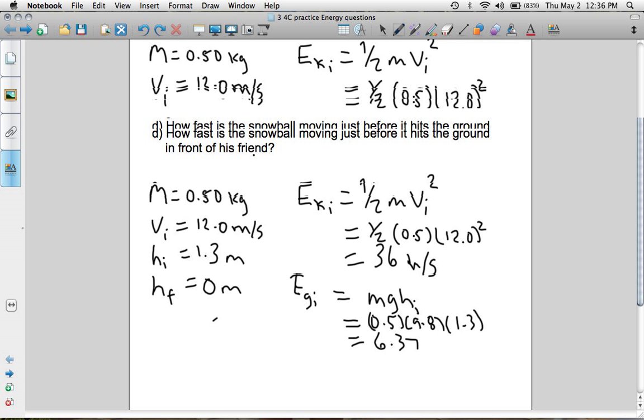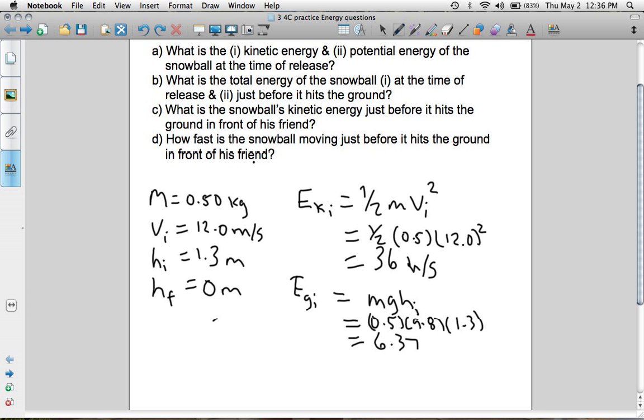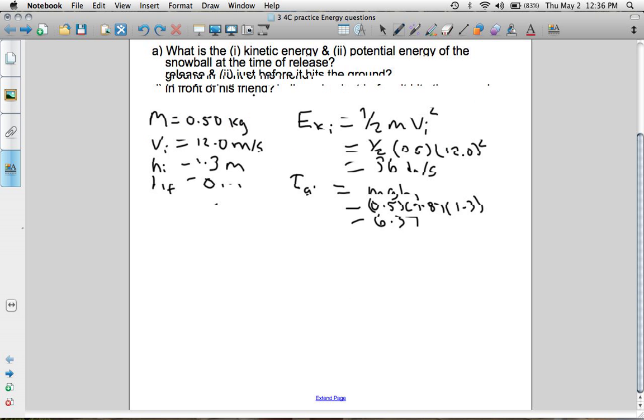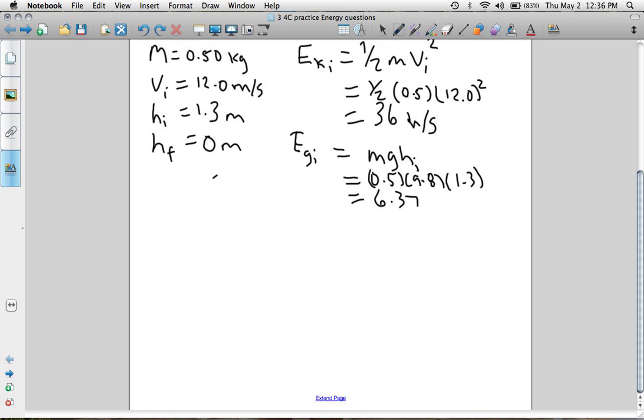Extend this page again. Okay, B, what is the total energy at the time of release and just before it hits the ground? This is the same as what we looked at before. The total energy, we named it the total mechanical energy, because we didn't talk about energy lost to heat or anything like that.